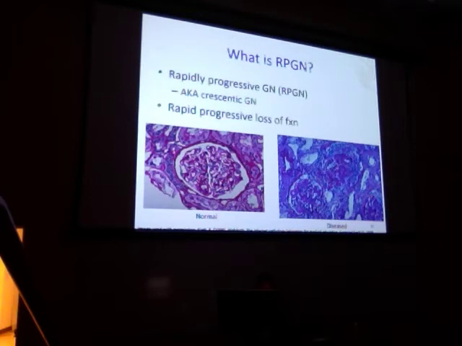What ends up happening is you get a rapid loss of function. GFR goes down. You get tremendous leakage of protein. So proteinuria goes up because you have this major scarring that takes place, and this inflammation causes large holes in the endothelium. And that allows for proteins to leak out. Okay?